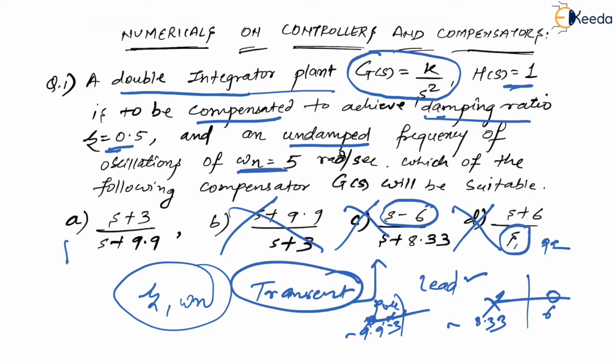Now let us think of A. If I see here, what is there? s plus 3, which means the zero is at 3, and where is the pole? Pole is at minus 9.9, far away, which means A is the answer, because this is the lead compensator. Lead in the sense that I should see the zero first rather than the pole, right? Yes.